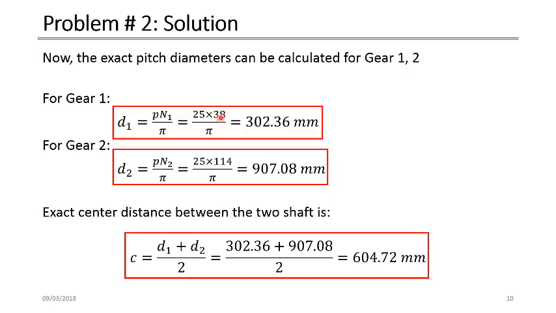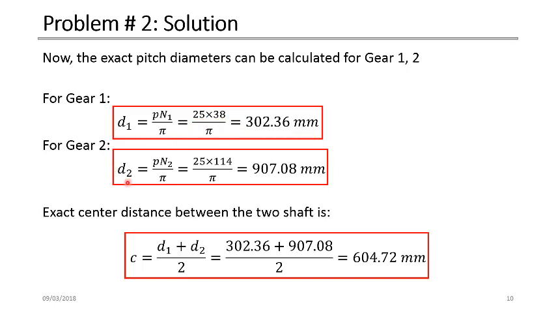So now we are getting the integer number of teeth for the first gear. We make this number fixed because it was given. So in this case, the new diameter is going to be 302.36 millimeters. It's very close to the 300, but this is the exact number that will make sure that the number of teeth is 38 and the circular pitch is 25.